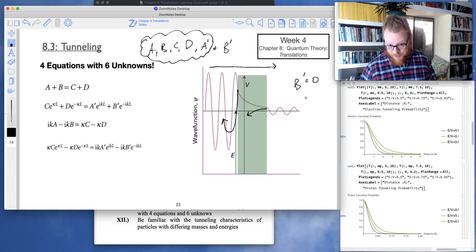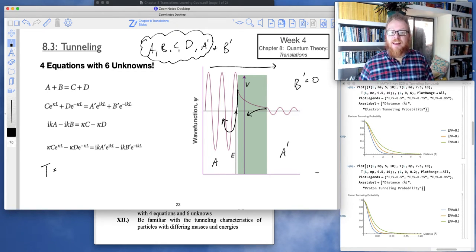What's the probability that the particle will make it through, okay? And so I'll reflect that with the letter T right here. And the probability that the particle is going to make it through, we can relate to the normalization constant in this region to the normalization constant in this region.